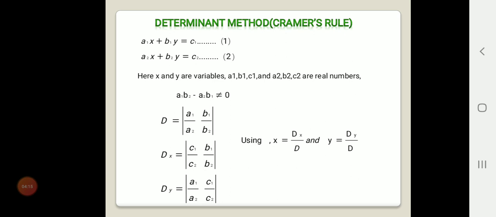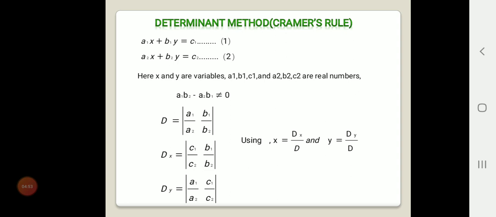The values of x and y are written using determinants. D is equal to the determinant a1, b1, a2, b2, in which the column c1, c2 is omitted. The value of Dx is equal to the determinant c1, c2, b1, b2.